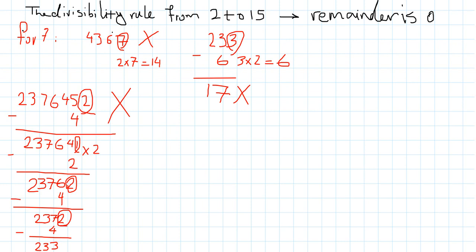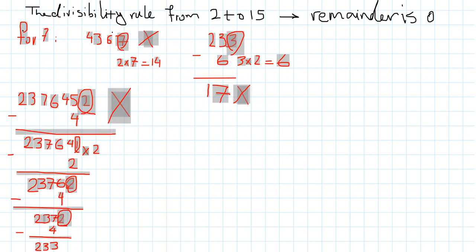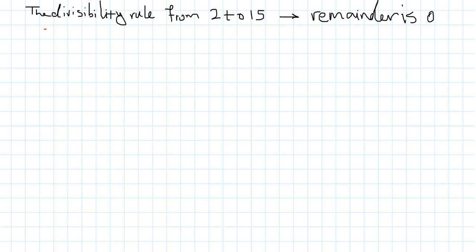Let's go check for number 8. For number 8, we have this rule. If 3 last digits are multiple of 8, it is the first thing.